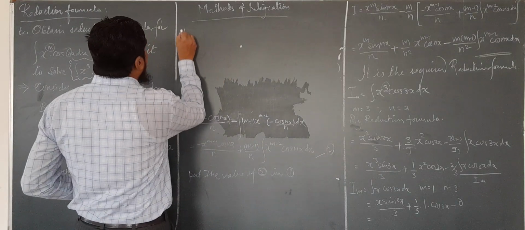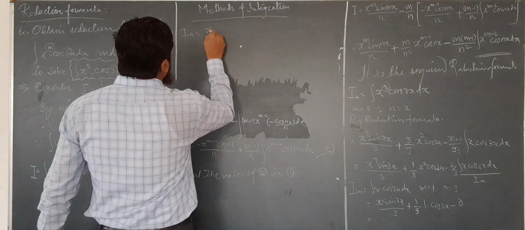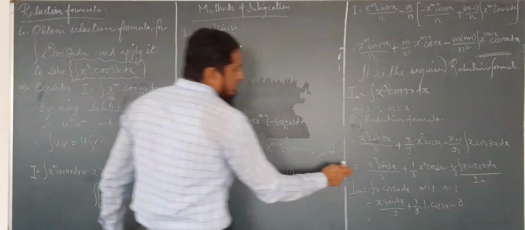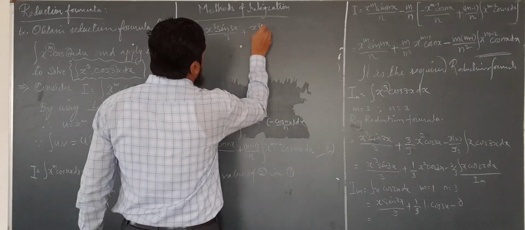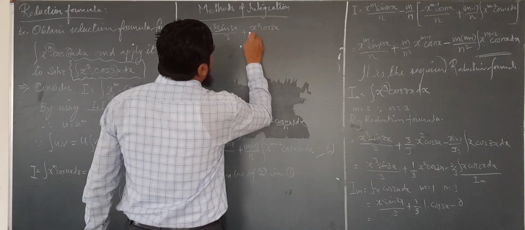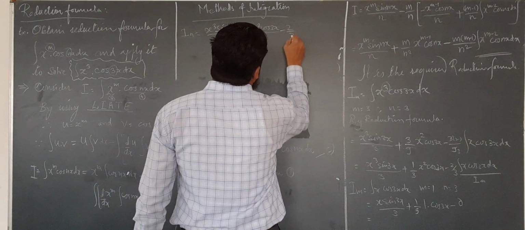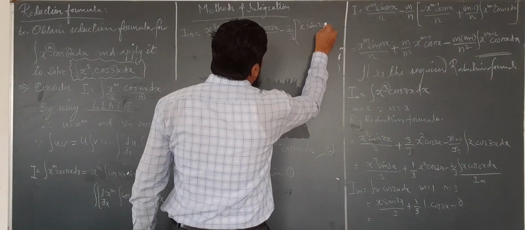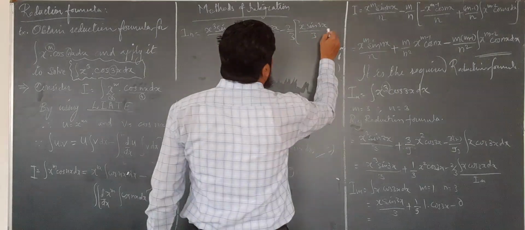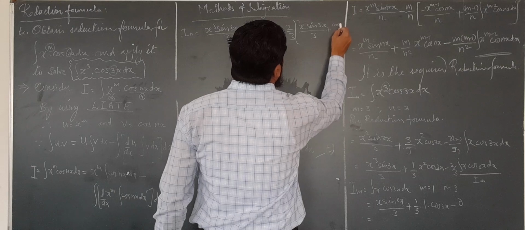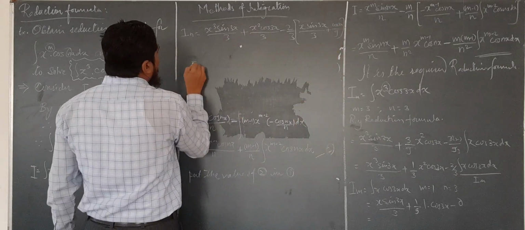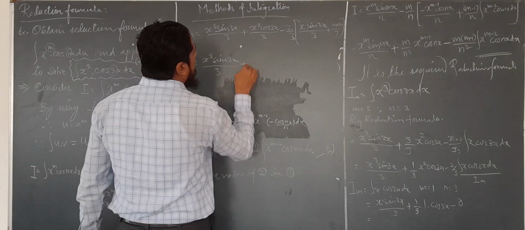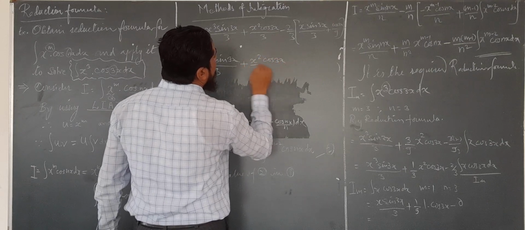So we know that I is equals to this one, x cube sine 3x upon 3, then x square cos 3x upon 3 minus 2 upon 3, and value of Im is x sine 3x upon 3 plus cos 3x upon 9, and after simplifying this we will get x cube sine 3x upon 3 plus x square cos 3x upon 3.